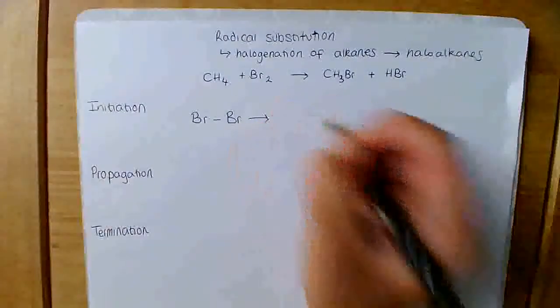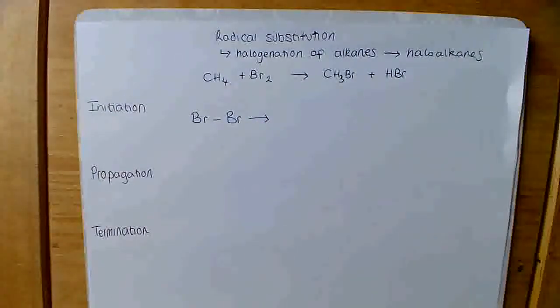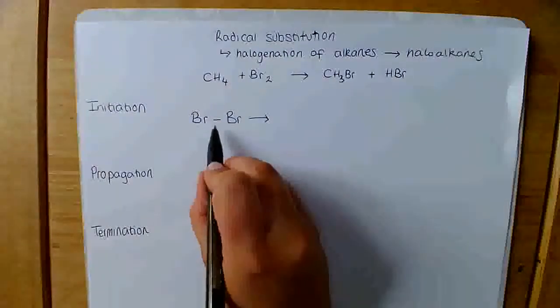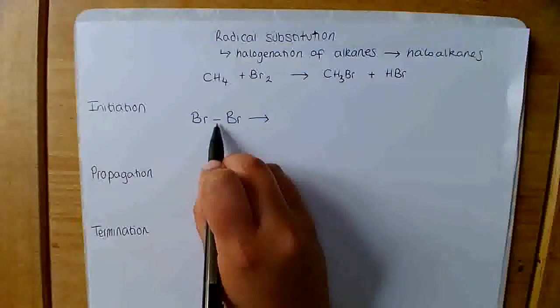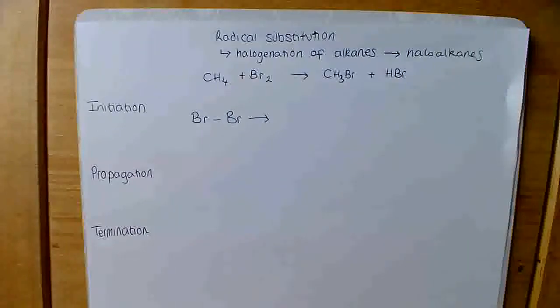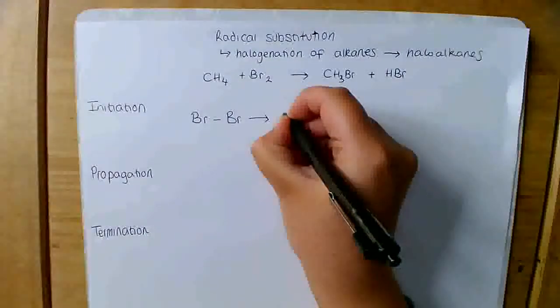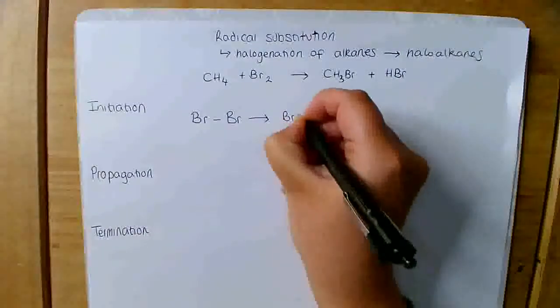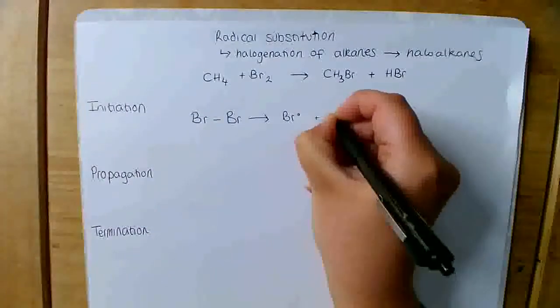Remember that covalent bonds can undergo 2 types of bond fission, that is homolytic fission and heterolytic fission. In this case, we have homolytic fission, where the pair of electrons in the covalent bond split so that 1 electron goes to each bromine atom. So we form 2 bromine radicals.